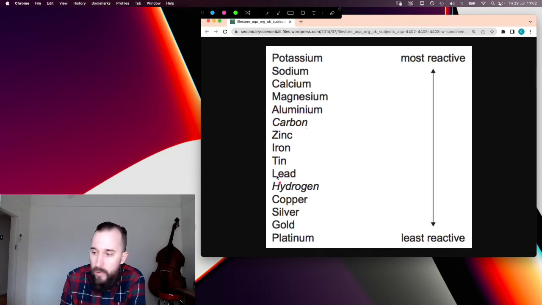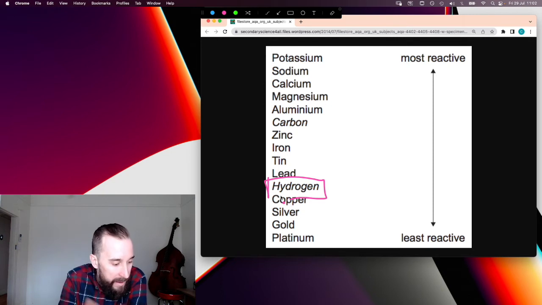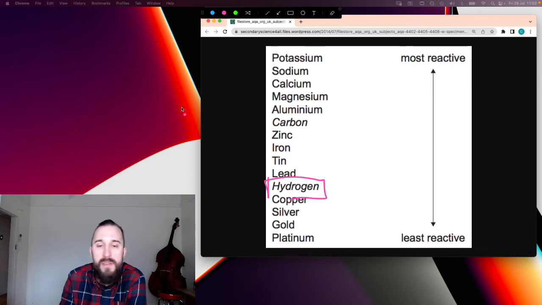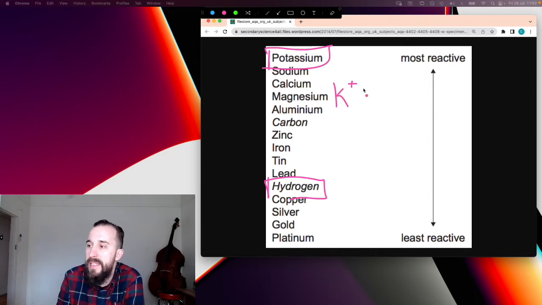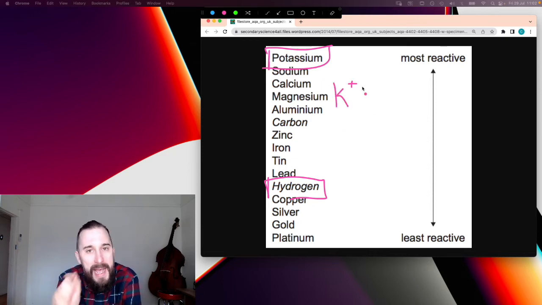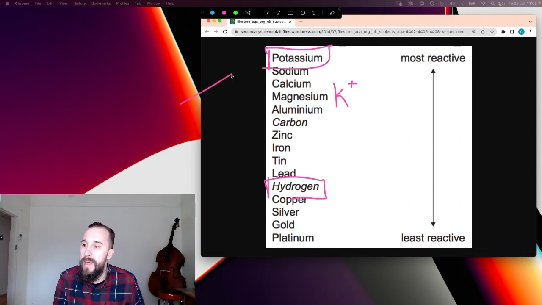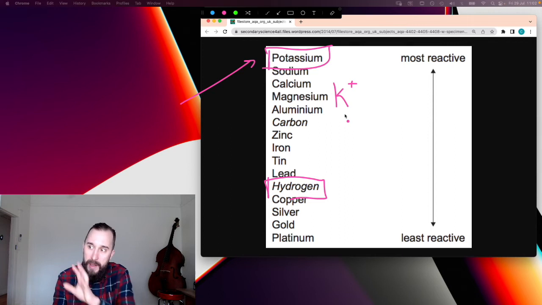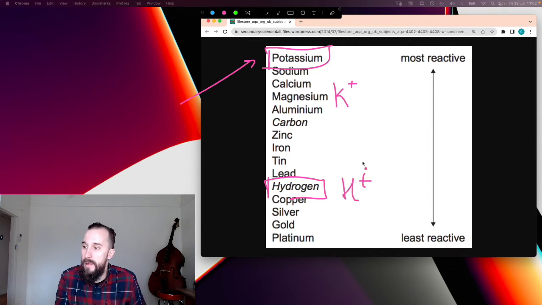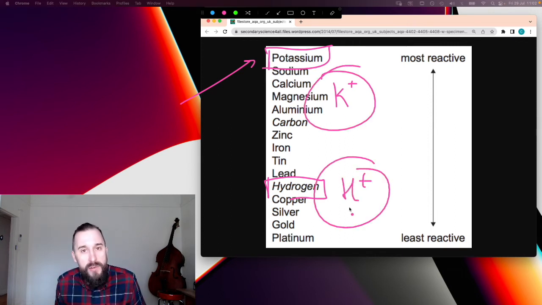So if the metal is above hydrogen in that reactivity series, it means it's more reactive than hydrogen. Let's take a really extreme example where we had potassium. Potassium metal, super reactive. That potassium ion does not want to go back into the potassium metal if it doesn't have to. It would much rather be the potassium ion. Being more reactive, that potassium ion is much more favorable to remain that compared to the hydrogen ion.